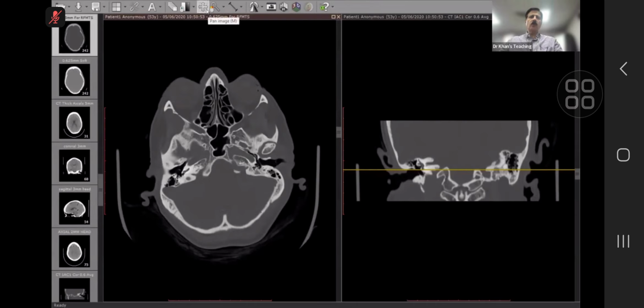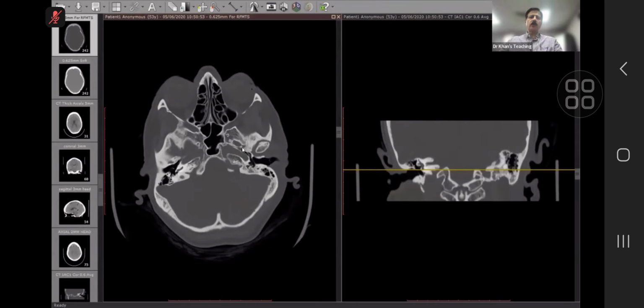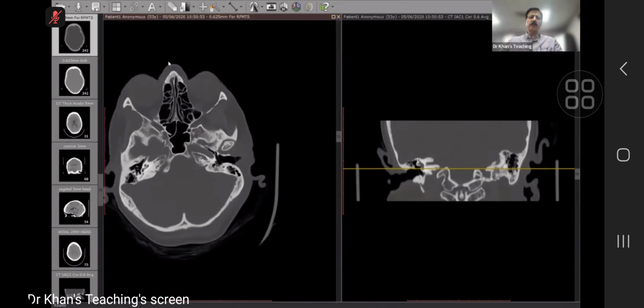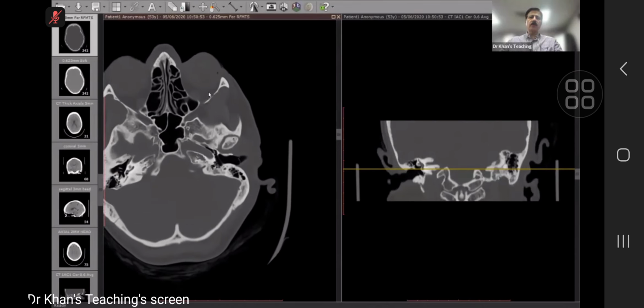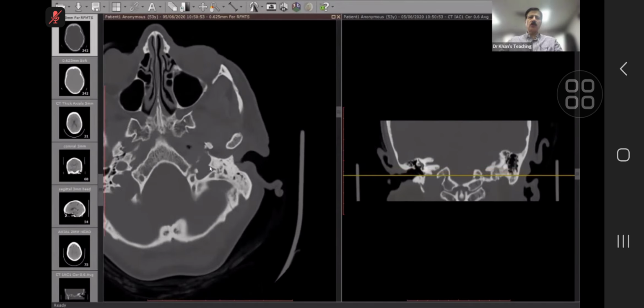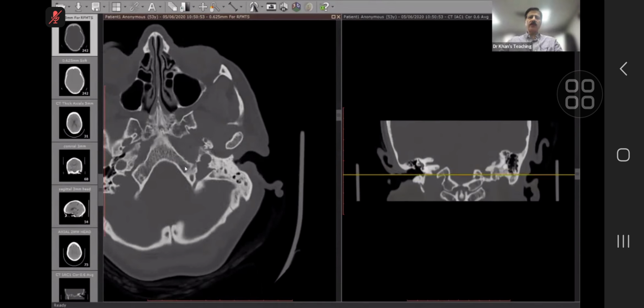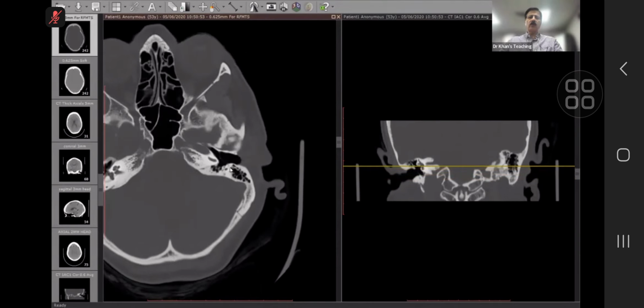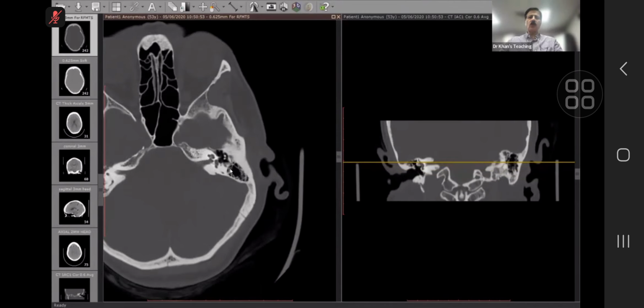So what we are going to do, we will slightly make it larger and just concentrate on the left side. So if you see here, when you are seeing the temporal bone, my landmark was cochlea.